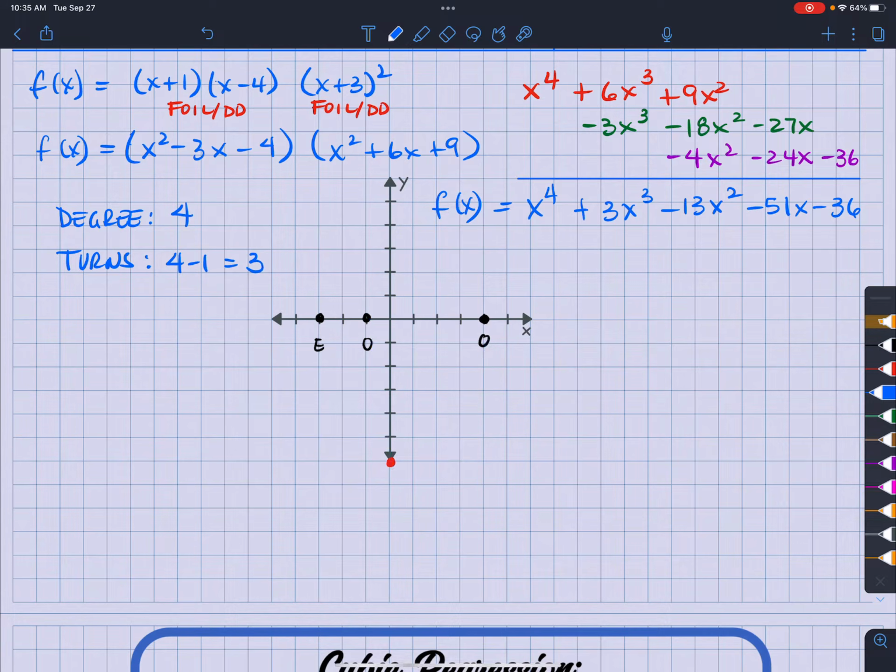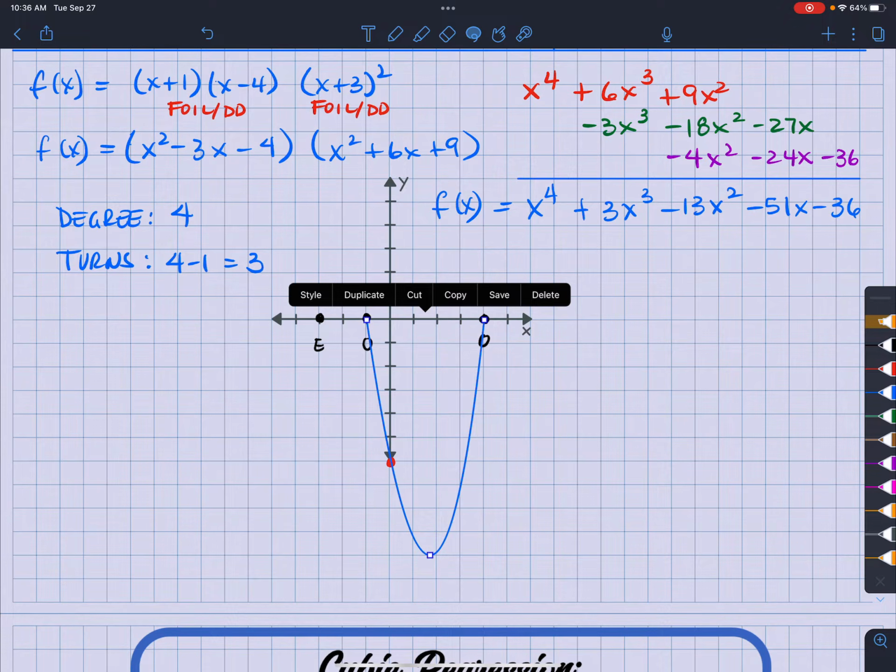It doesn't like my parabola. How about this? There we go. Took me a few tries. Now this is not necessarily symmetrical.